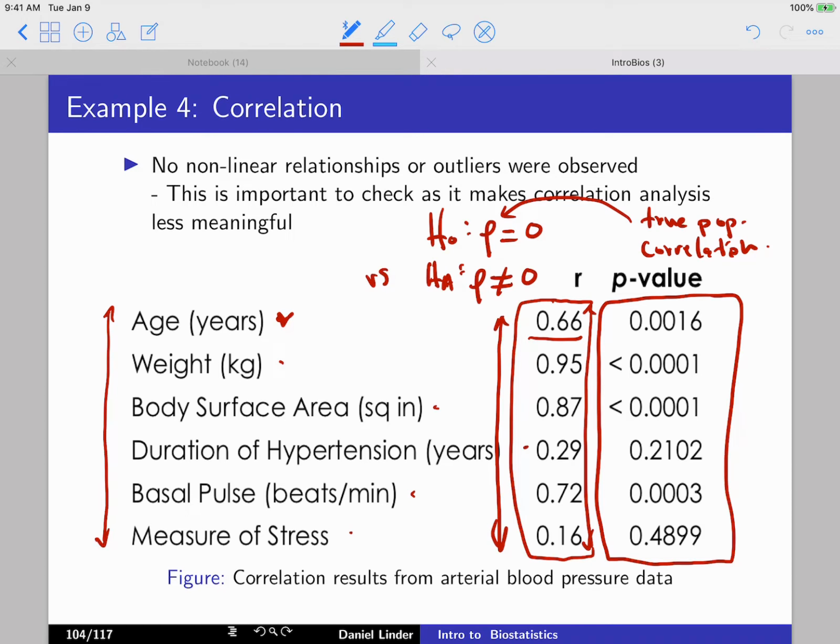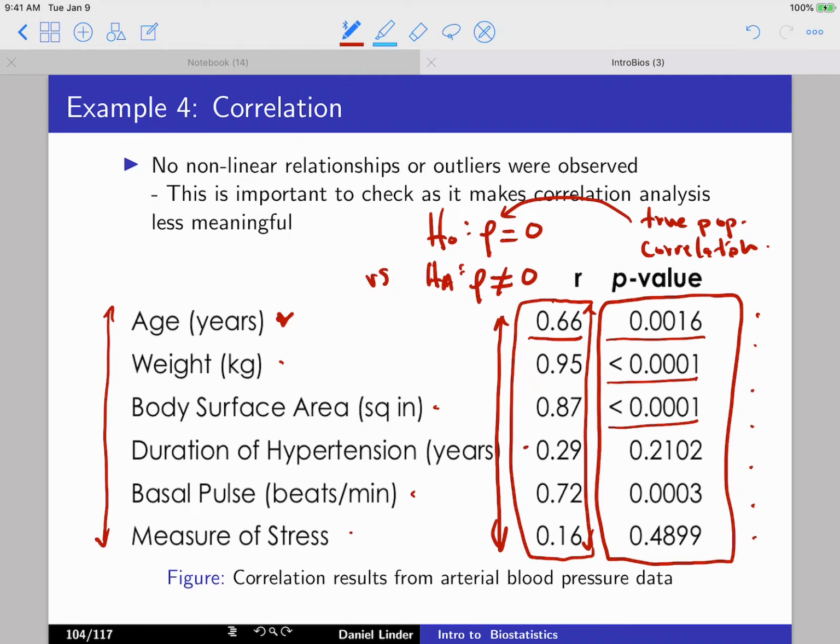And what you see based on these p-values is it looks like age is significantly associated with arterial blood pressure. Weight is, body surface area is.